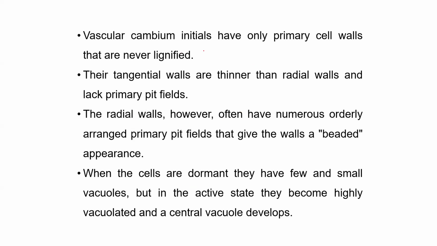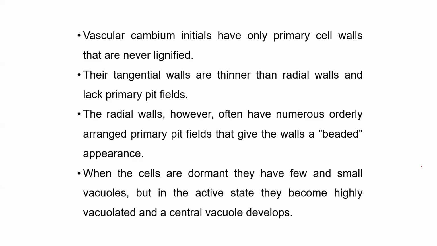These vascular cambium initials have only primary cell walls that are never lignified, and their tangential walls are thinner than the radial walls and lack primary pit fields. The radial walls often have numerous orderly arranged primary pit fields, which give the walls a beaded appearance.